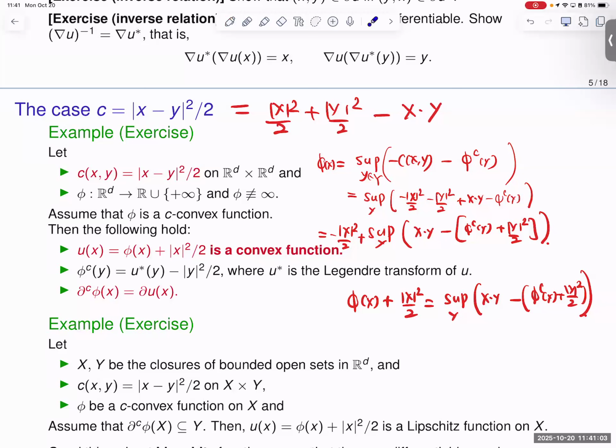Yes, so you should have told it earlier. Don't be shy. This is the Legendre transform of what function? This function, right? So if you define this as u, this is the Legendre transform of this function.